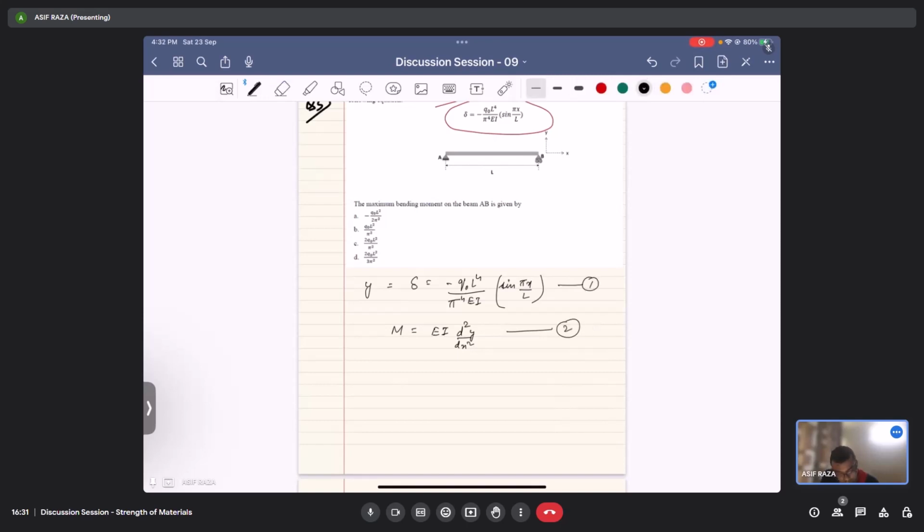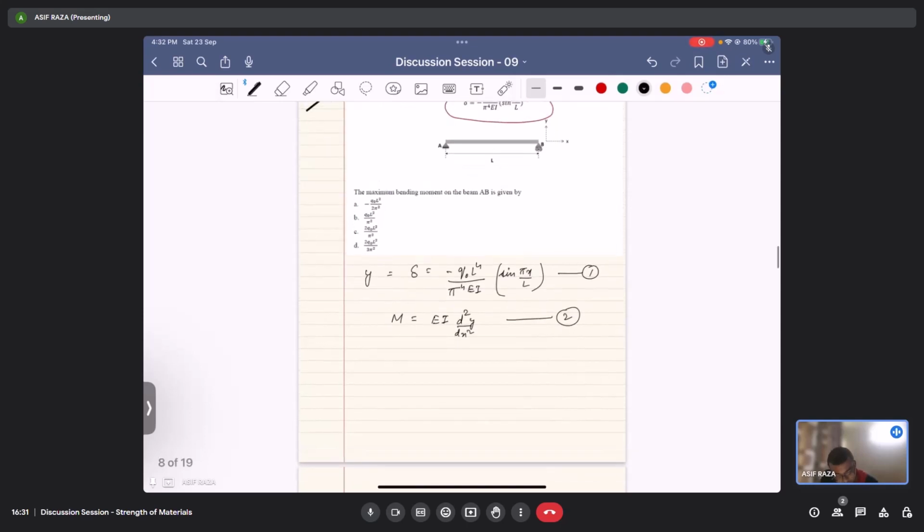So this is what we need to use. First thing first, take the first derivative of y, and that is equal to minus q naught L to the 4 upon pi to the 4 EI.